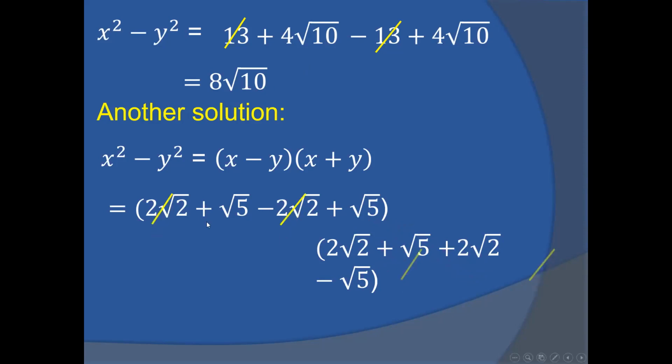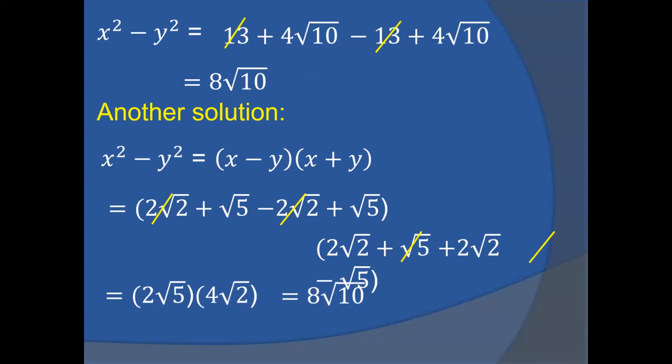Here I cancel 2 root 2 with negative 2 root 2, and root 5 with negative root 5. So the first bracket is 2 root 5, and the next bracket is 4 root 2. So 2 root 5 multiplied by 4 root 2 equals 8 root 10, since 2 times 4 equals 8 and root 5 times root 2 equals root 10.